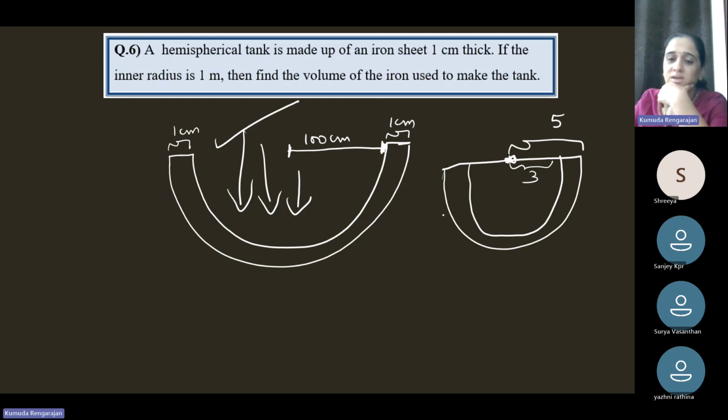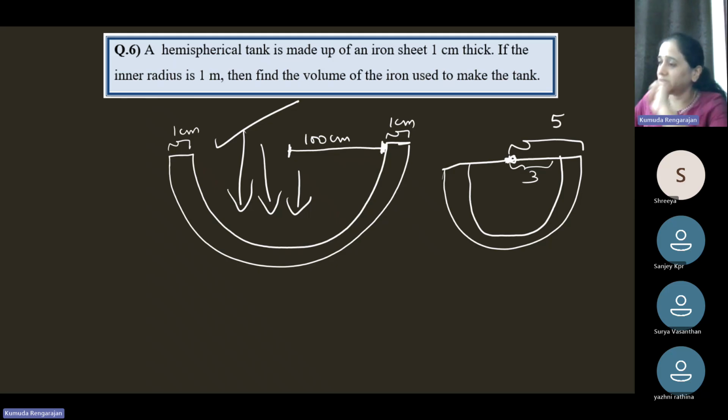When from a solid hemisphere you remove another hemisphere with the same center but a smaller radius, what remains is actually called a hemispherical shell.